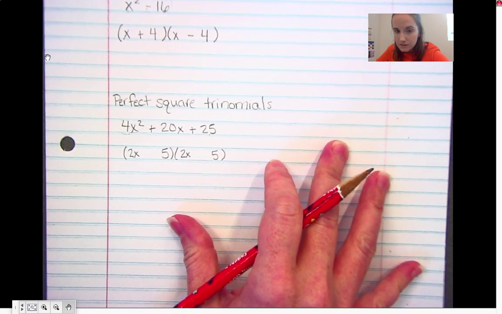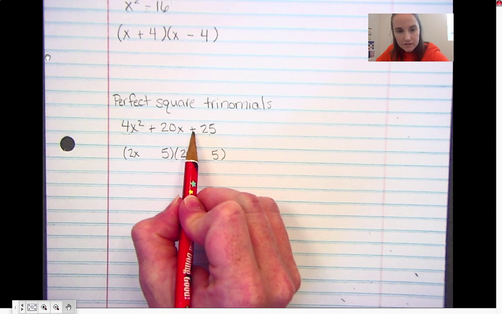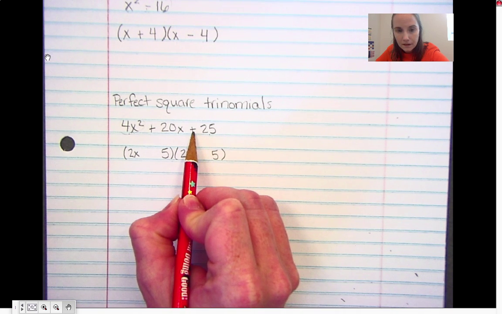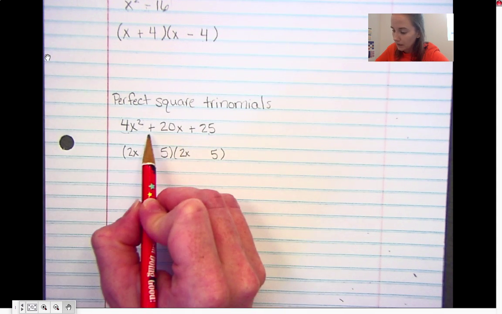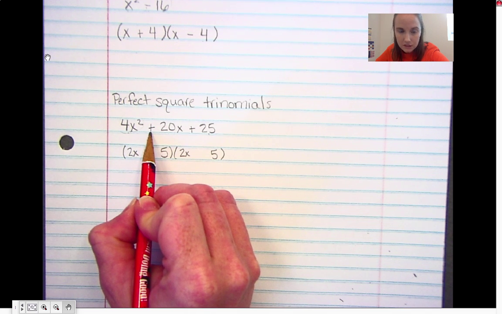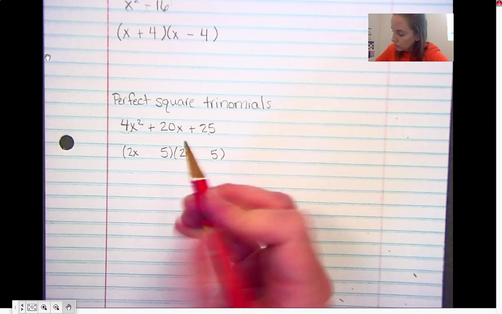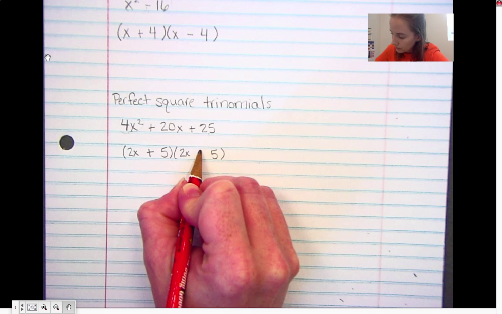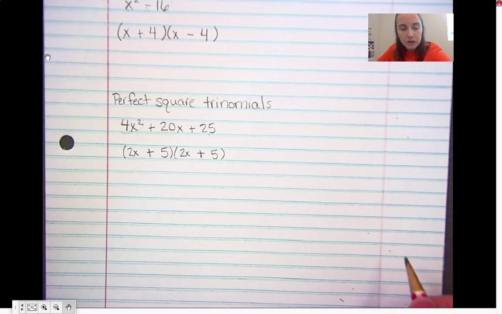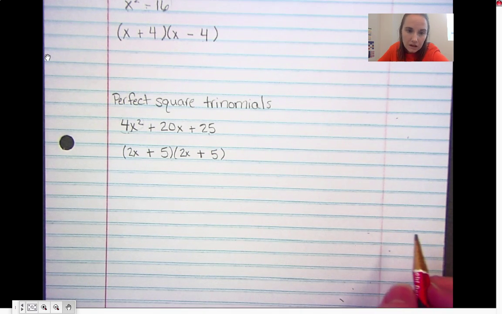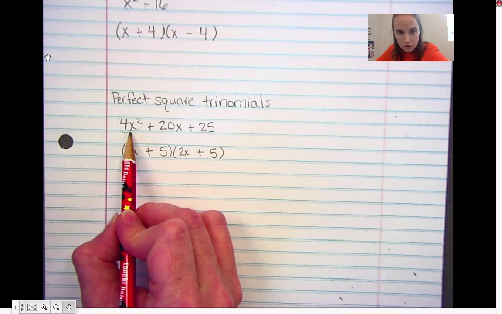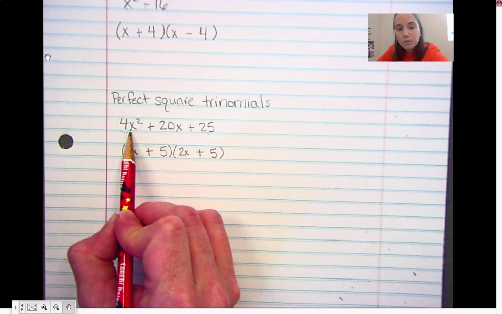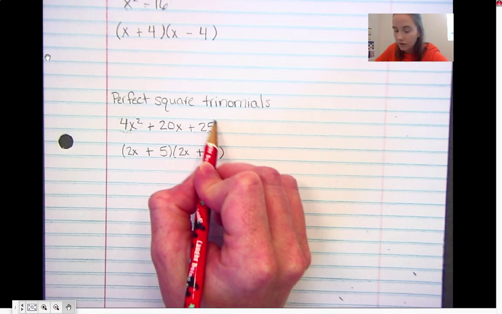Now, in this case, we have a positive c value, and so either both had to be negative or both had to be positive. And since the 20 is positive, they both need to be positive. Another way that you can check before you really get into a problem like this is if you take the square root of the first term and multiply it by the square root of the last term.